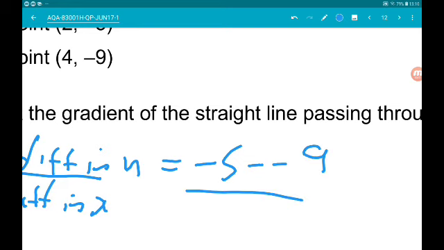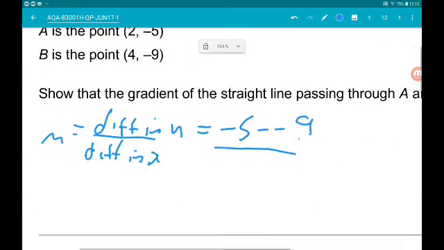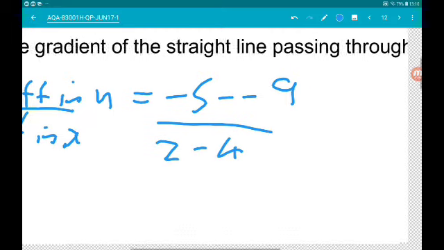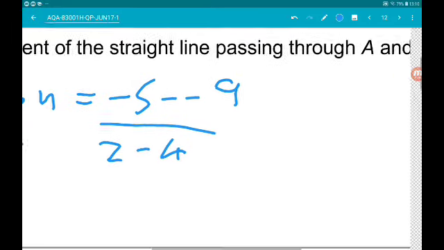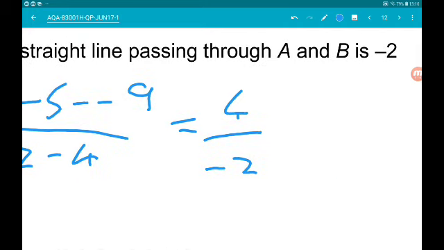Now, because we've done it that way around, we now have to do 2 minus 4. So minus 5 minus minus 9 is minus 5 add 9, which is 4. 2 minus 4 is minus 2. 4 divided by minus 2 is minus 2. Cool.